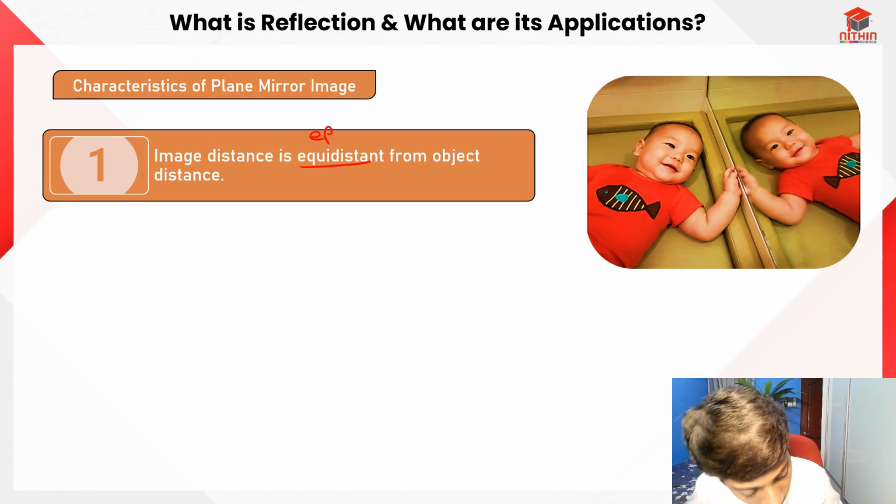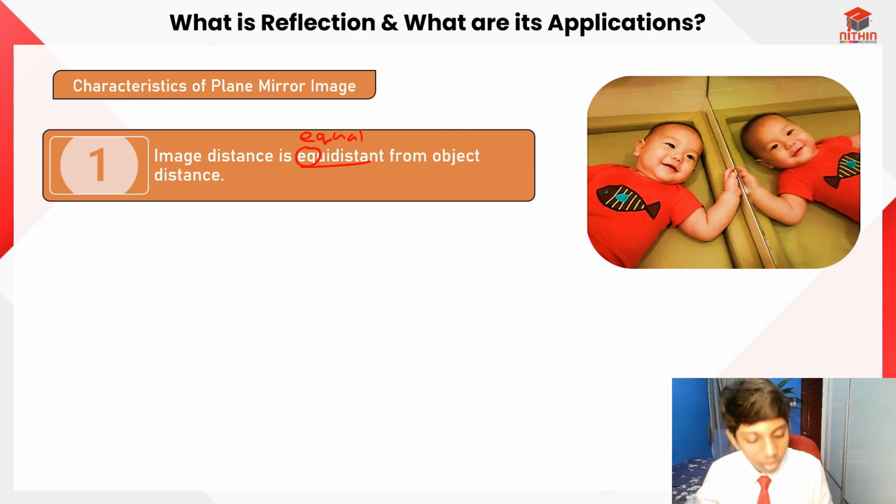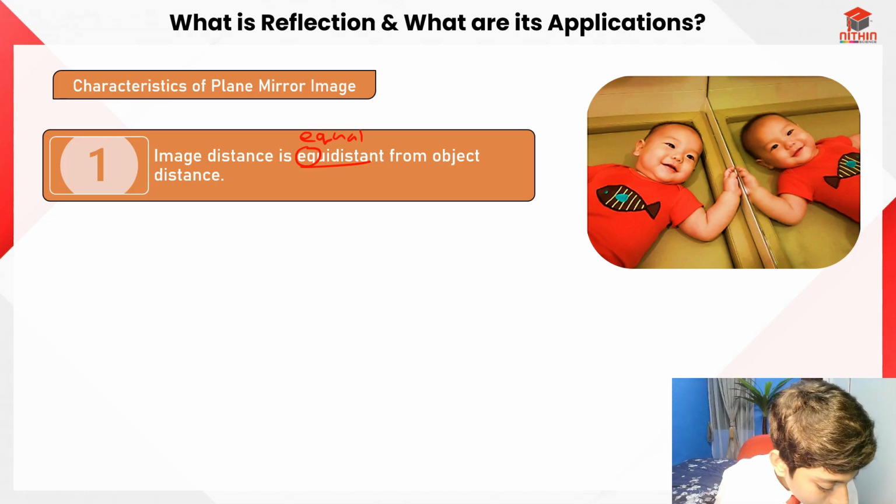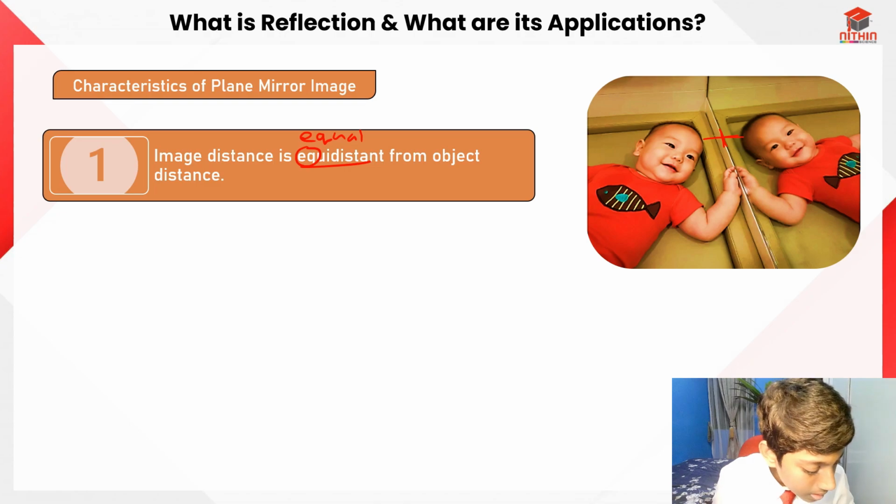Okay, if you don't understand the word equidistance, it comes from the word equal. So the image distance is equidistant from the object's distance. We can see that his head is the same amount, his elbow is also the same amount, and the fish is also the same amount.